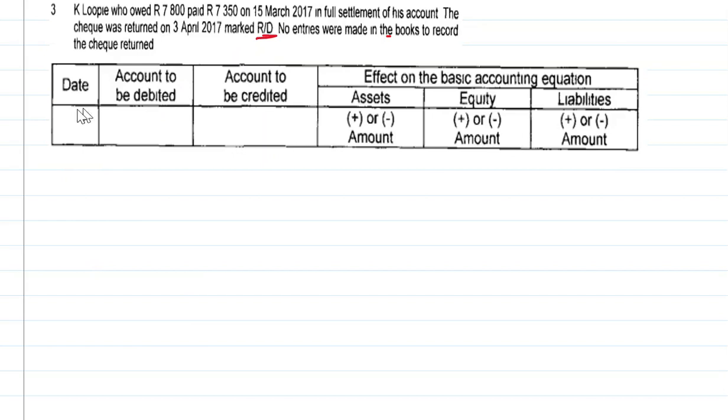First of all, when the check was recorded, the original transaction, what they did, they said, okay, now we are receiving money. They debited and credited.